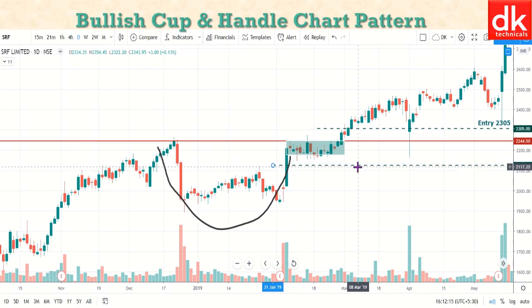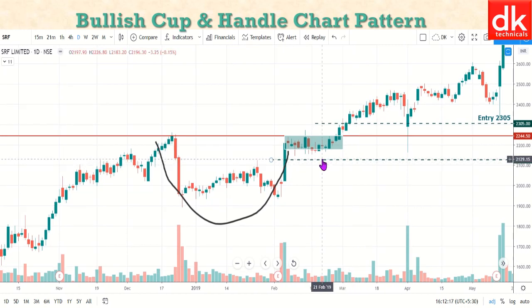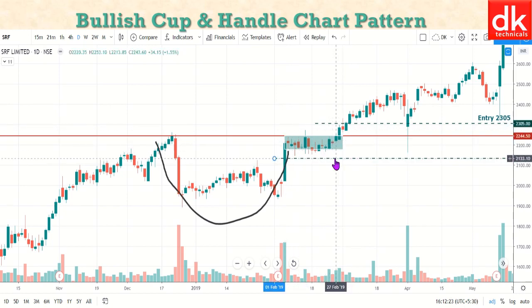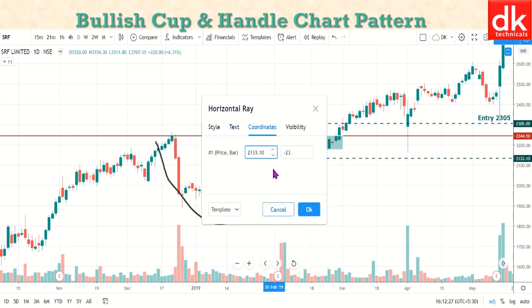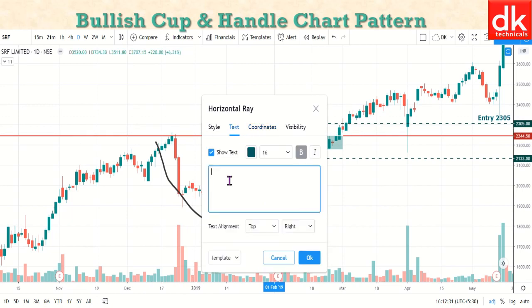So here is the stop loss that I have drawn. We can see the shadow, the price consolidated in this band. Our stop loss is coming, which I am marking. 2133 is our stop loss. So I am fixing the stop at 2133.